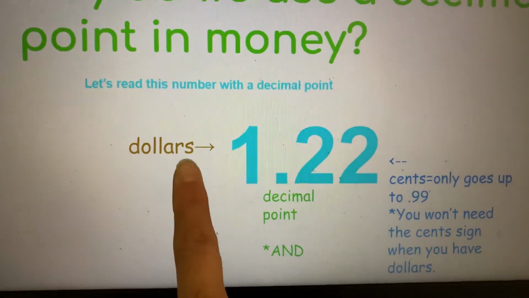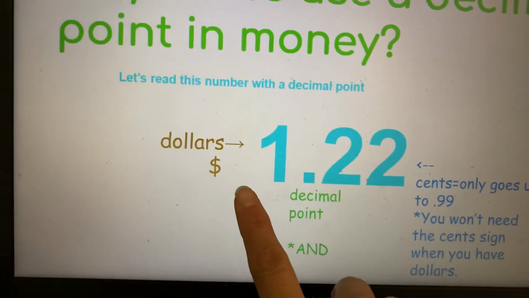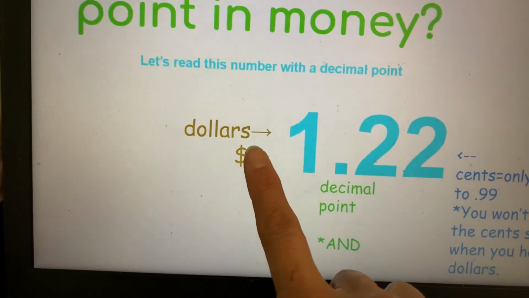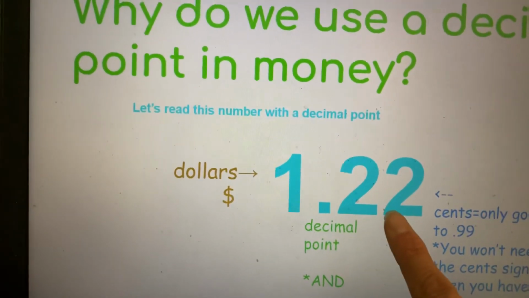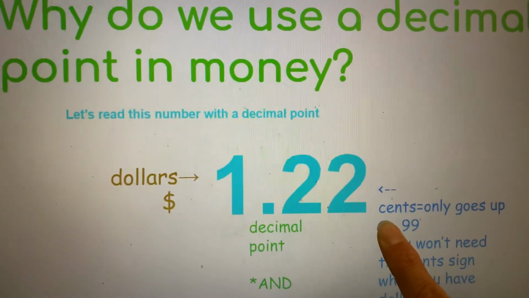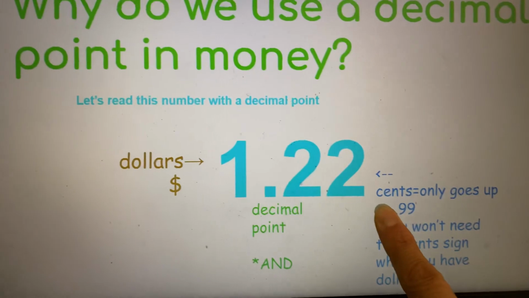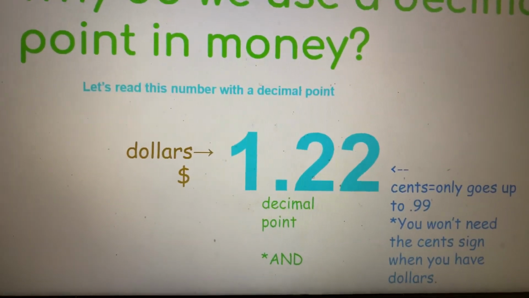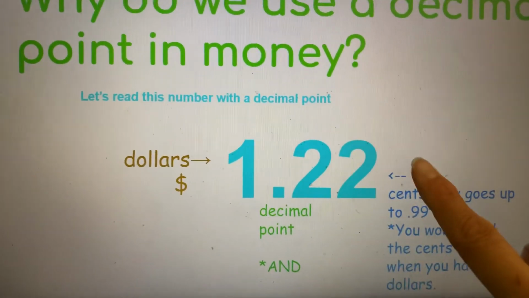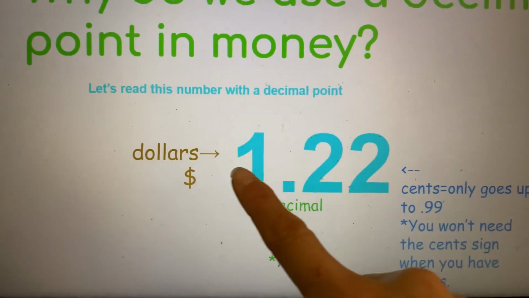So again, this wouldn't be 122. This would be $1 and 22 what? 22 cents. And you will work on how to make that 22 cents this week. You can make that 22 cents several ways. But you're not going to put the cent sign over here because you have the dollar.